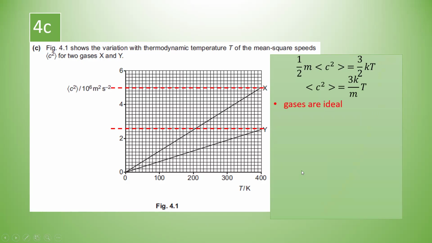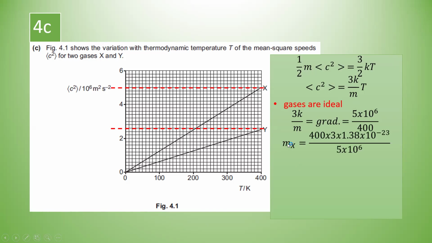Gases are ideal. This ideal gas equation, kinetic theory of ideal gas molecule, kinetic energy of a molecule of a gas. First observation is gases are ideal. Then the gradient, k over m times T is the gradient. Gradient you can calculate for X or Y.